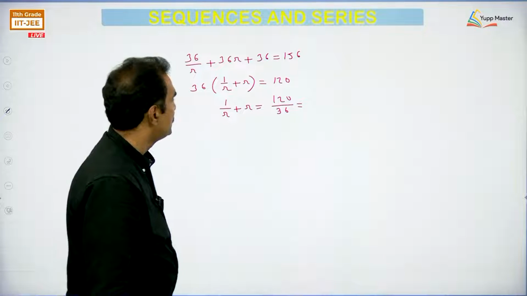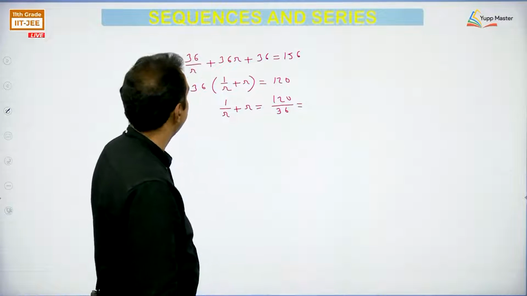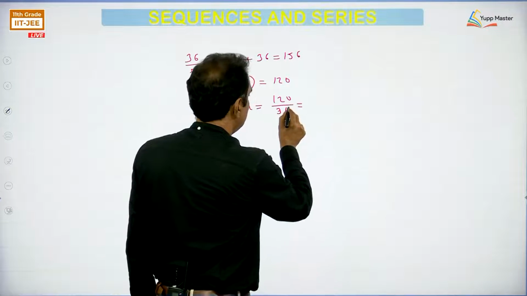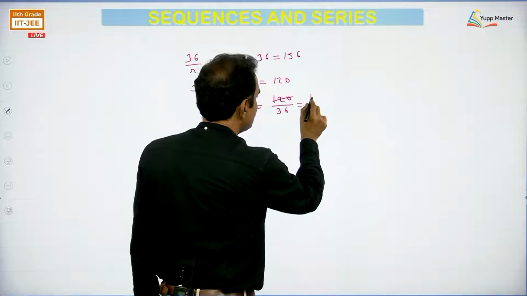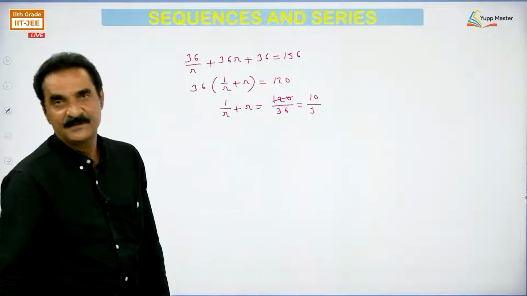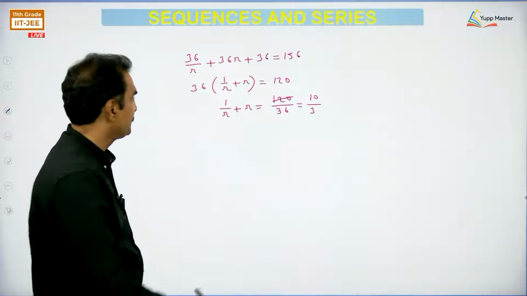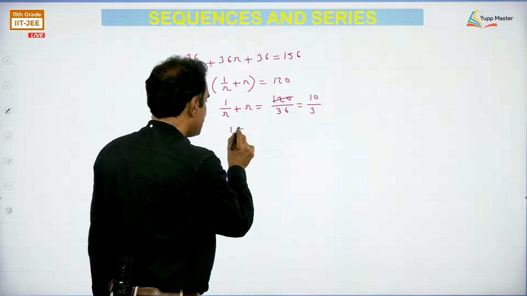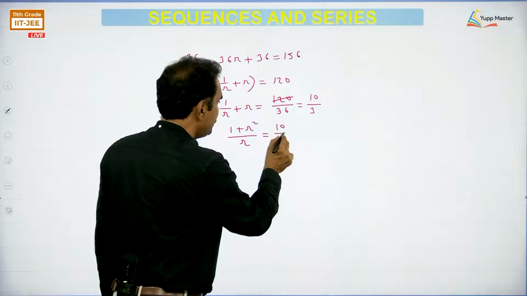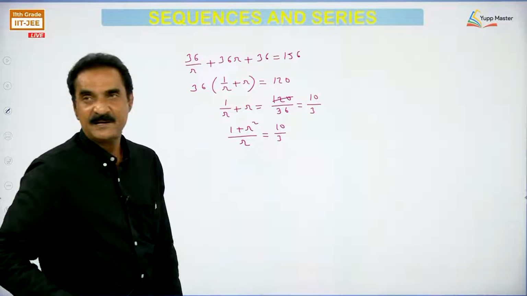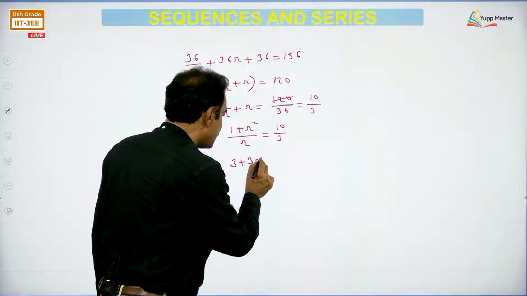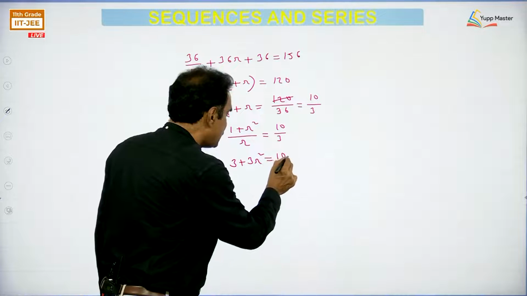Alright. So, what is the common factor? Twelve tens are 120 and twelve threes are 36, so 10 by 3. Now, this is 1 plus r square by r is equal to 10 by 3. Cross multiplying, we get 3 plus 3r square equal to 10r.